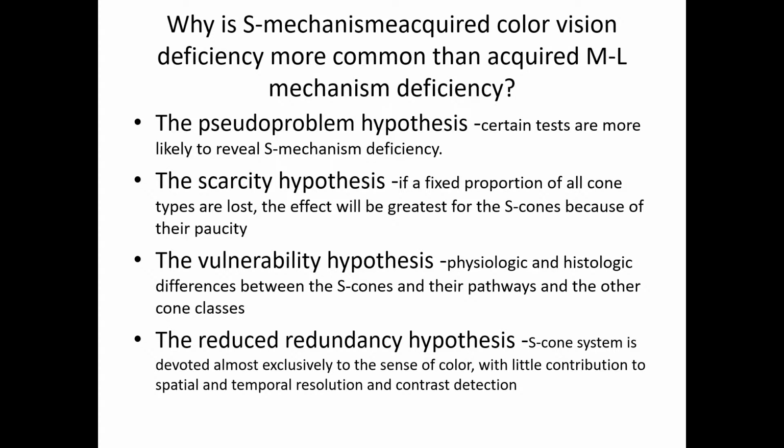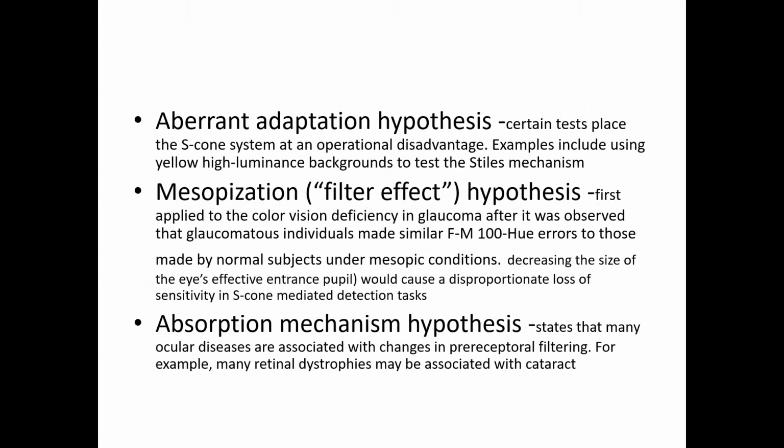The reduced redundancy hypothesis: the S cone system is devoted almost exclusively to the sense of color, with little contribution to spatial and temporal resolution and contrast detection, whereas M and L cones are also used for spatial resolution and visual acuity. Aberrant adaptation hypothesis: certain tests place the S system at an operational disadvantage. Examples include using a yellow high luminance background to test the S mechanism.